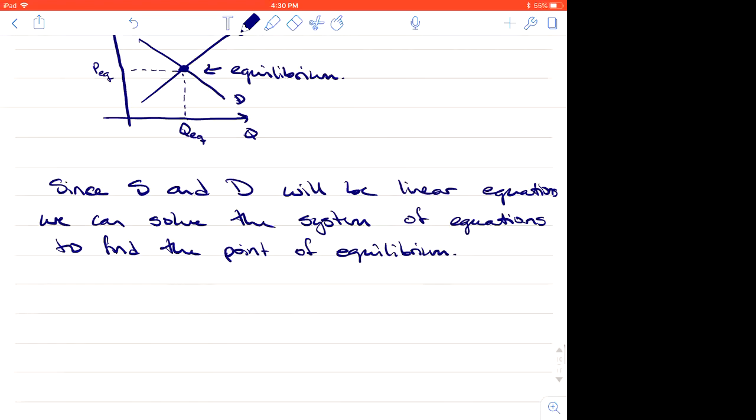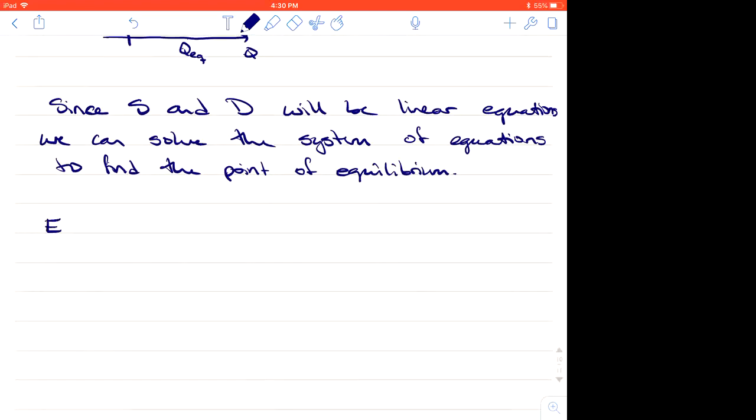Let's do an example. So find the point of equilibrium when it's going to be set up a little bit differently, right?